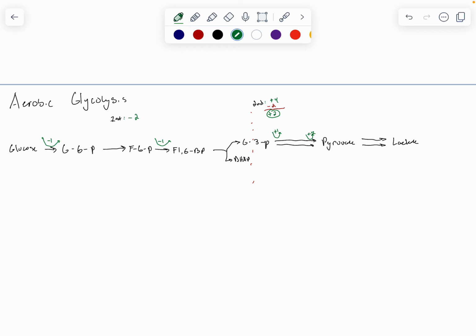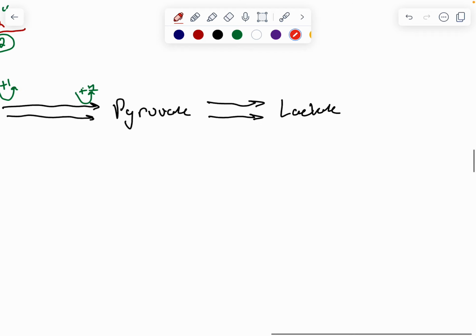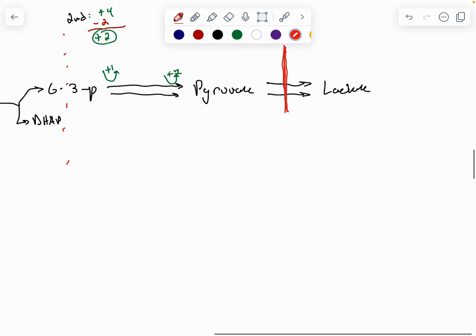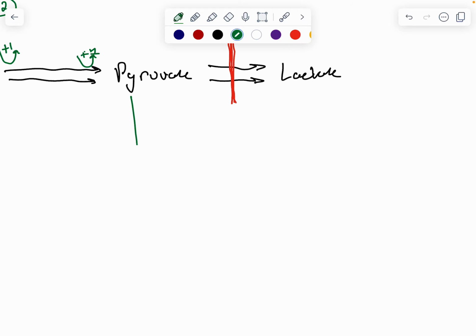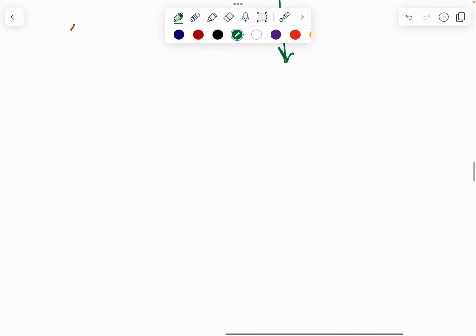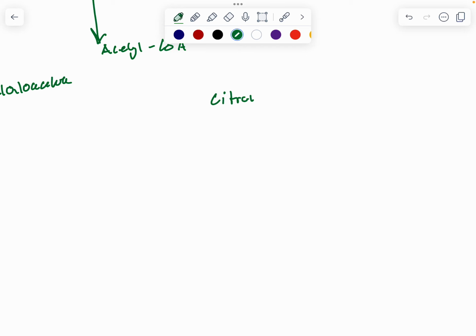Now, what's different in aerobic glycolysis is we do not go to lactate. We stop at pyruvate and put it through a couple different highways. The different highways we're going to be talking about are the PDH system, and then eventually the TCA cycle down here. So I'm just going to throw in oxaloacetate, and I probably spelled that wrong, then acetyl CoA, and then we're going to have citrate right here.